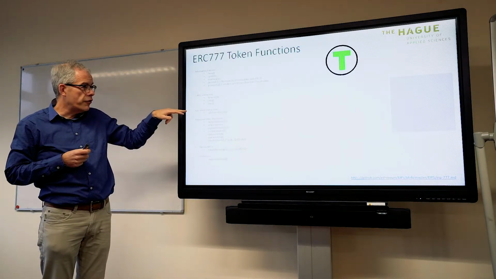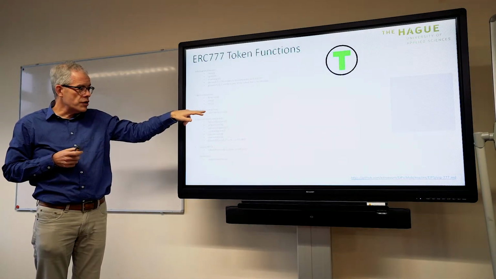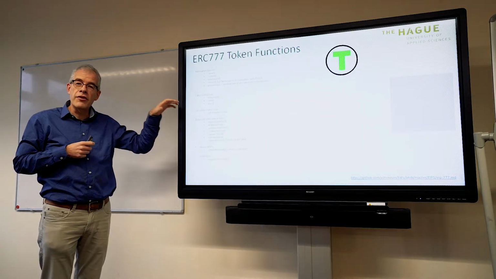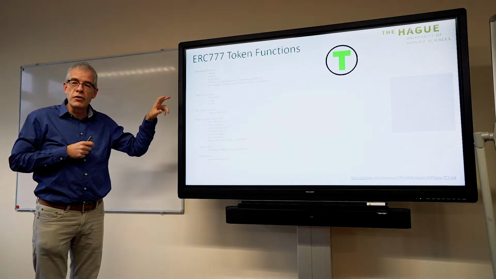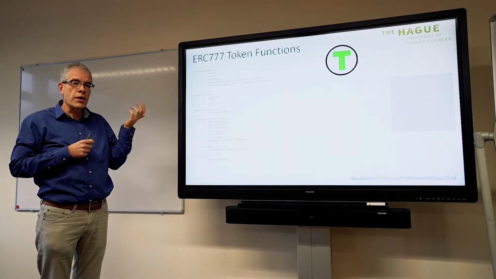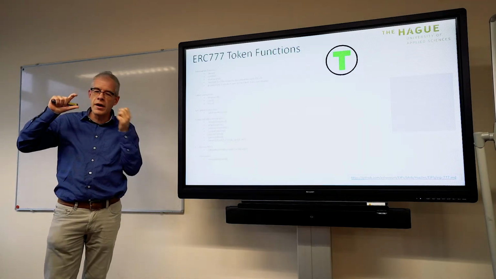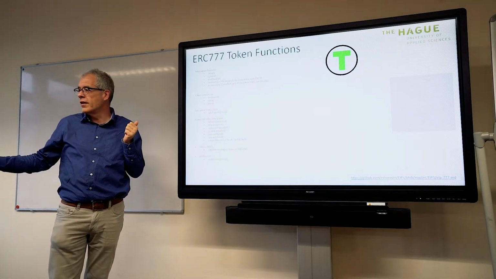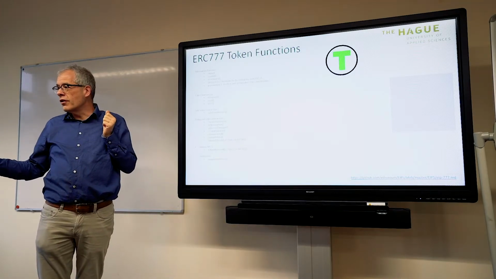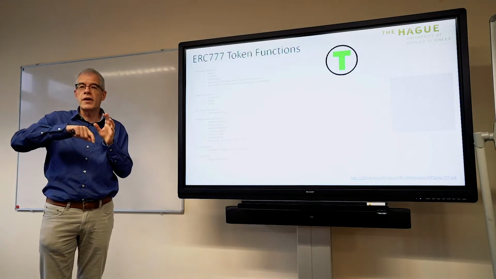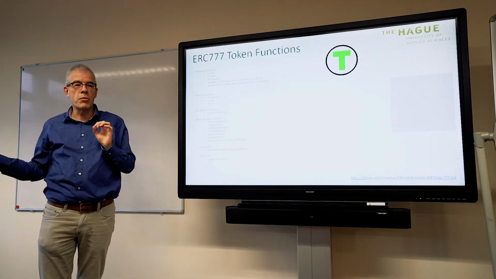You have a safe transfer function. So that's to add some security to the transfer. One of the problems of the ERC20 is if you transfer some token to a contract, and the contract doesn't know about those tokens, then the contract cannot do something with the tokens anymore.